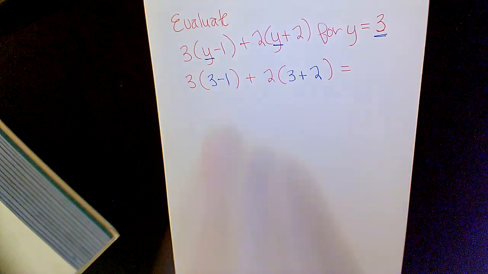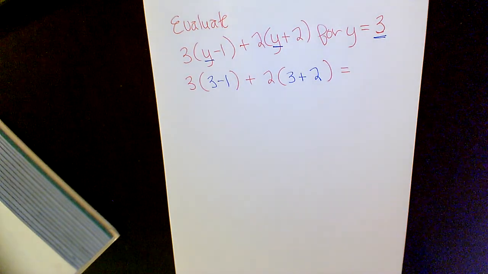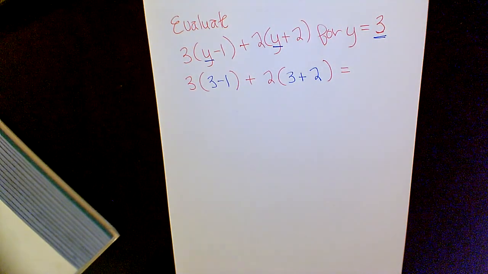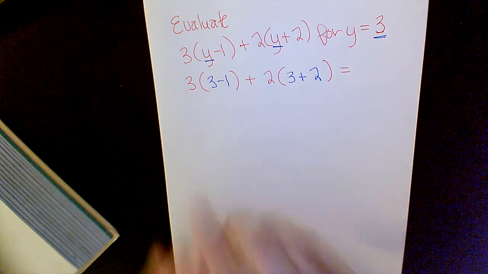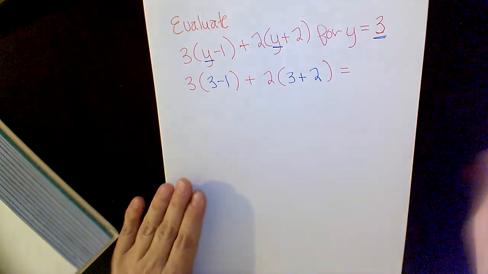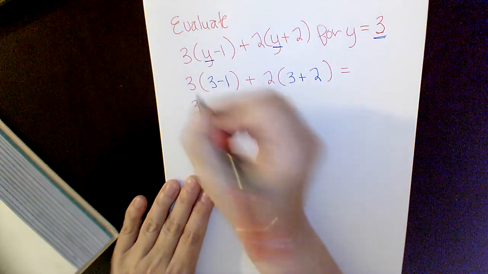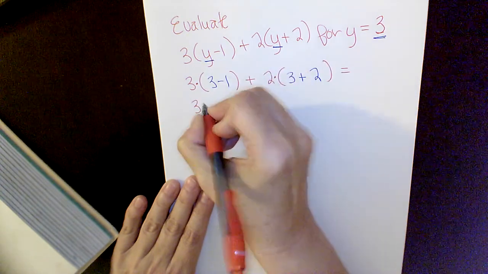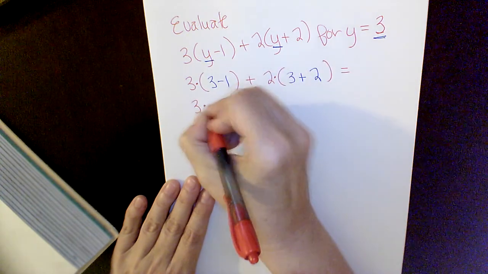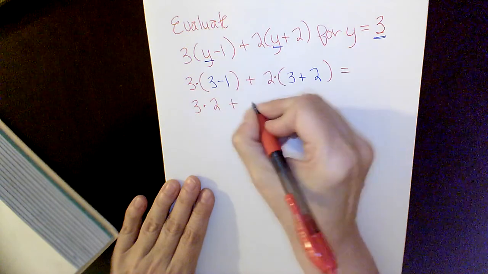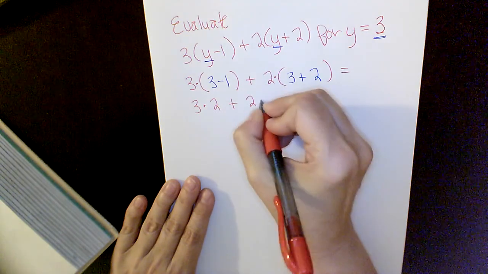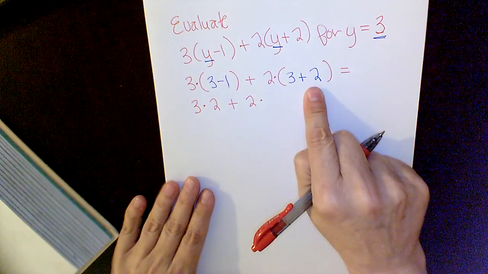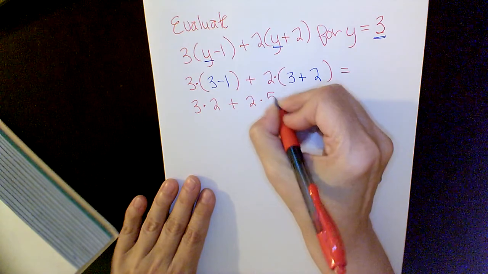Okay, so we're going to do parentheses first because that's what we need to do first for our PEMDAS. So 3 minus 1, and we're multiplying. There's an implied times here. So 3 minus 1 is 2, so 3 times 2, and 3 plus 2 is 5.